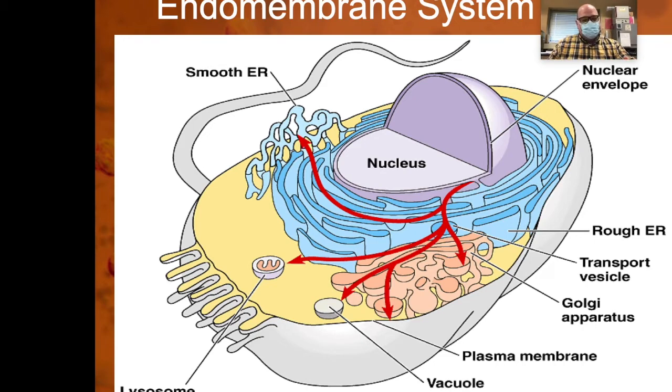Most of the ones that are in this endomembrane system are for export. Okay, so those are things that are likely leaving the cell. Now they can be used internally, but most of the time we sort of differentiate those by things that are leaving the cell. But the big thing is they're all going to be inside of a container, a membrane container.